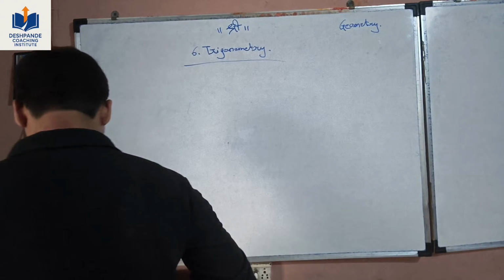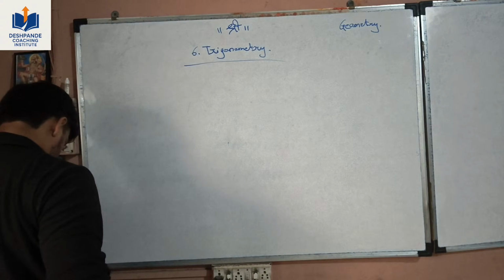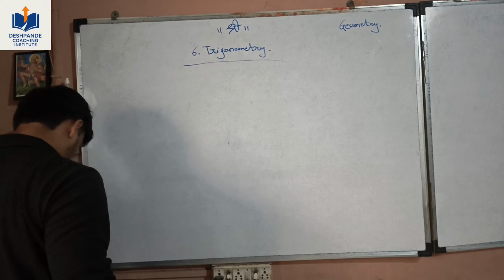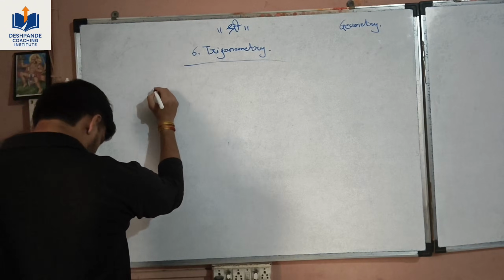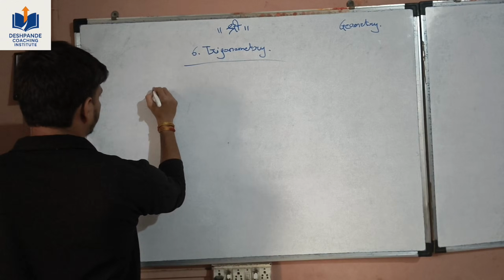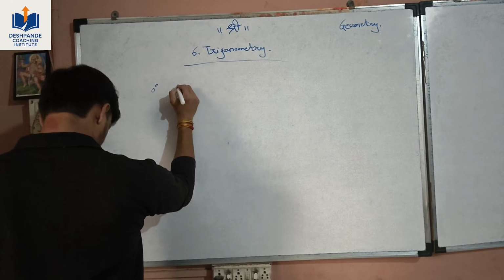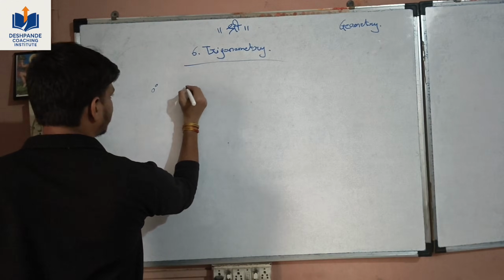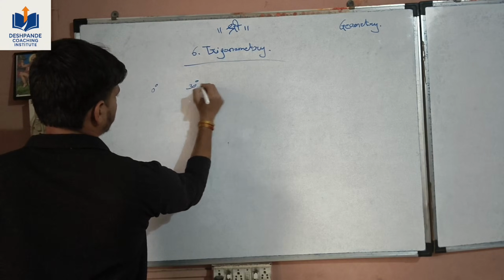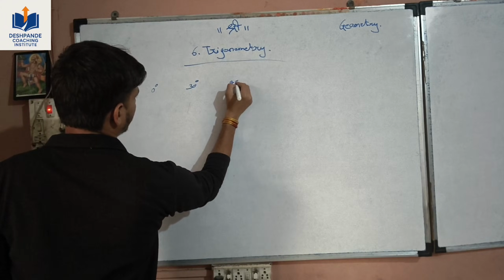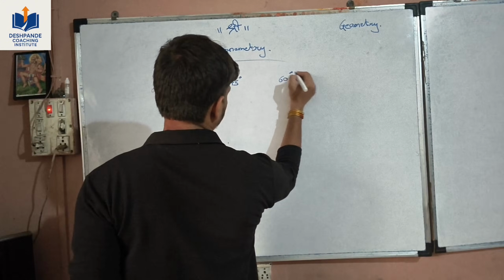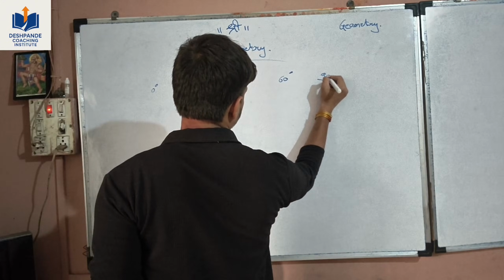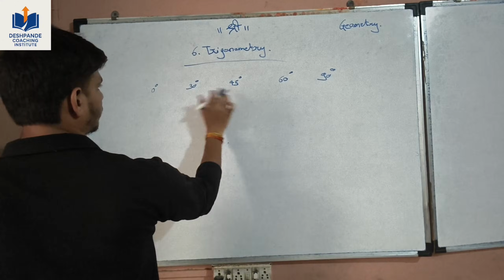Now I am telling you the short trick about the table. Here first the angles will be 0 degree, 30, 45, 60 and 90, that is 1, 2, 3, 4, 5.